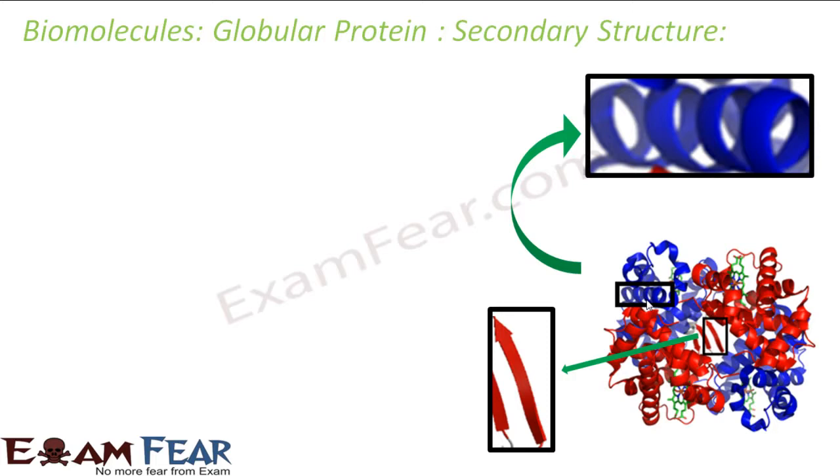So the secondary structure gives a specific geometric shape, and it is caused by intermolecular and intramolecular bonding. There are two kinds of shape here. One looks something like this: the alpha helix.